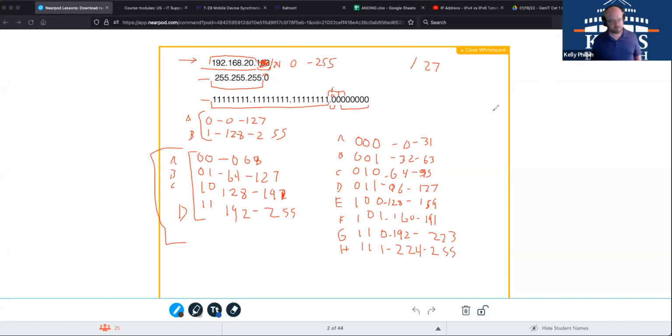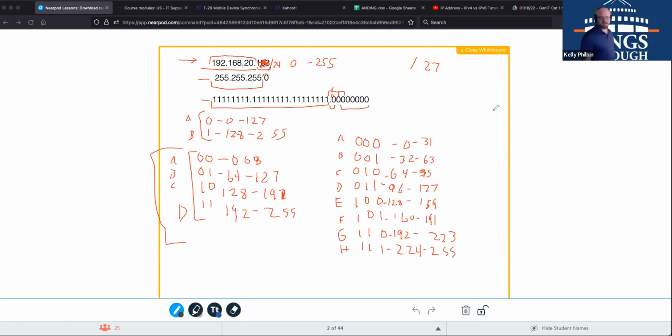C? Excellent. JR, if my last octet was a 215, which network would I fall in? G, as in green.